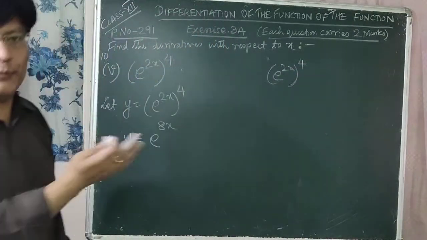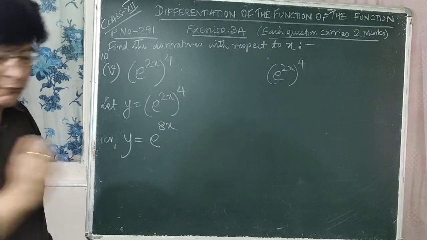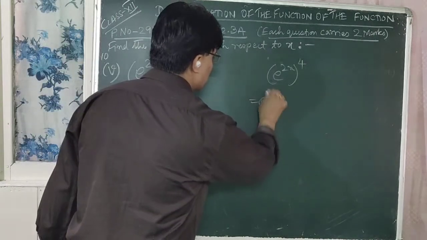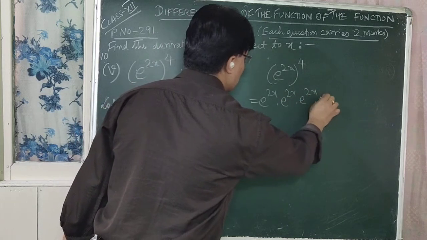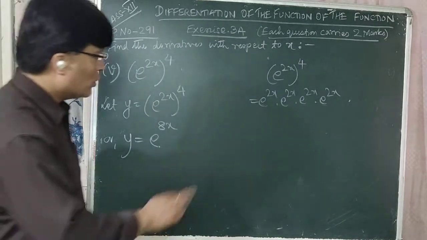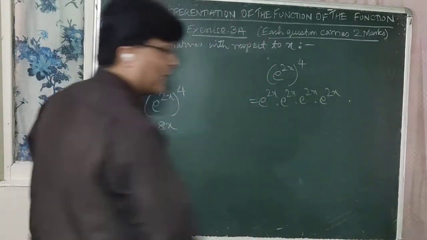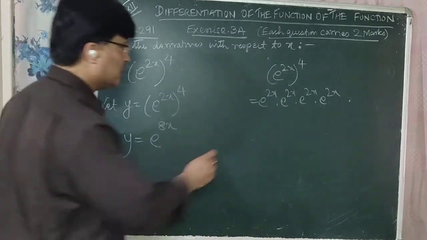Like if we have (e to the power 2x) whole to the power 4, whole to the power 4 means e to the power 2x is multiplied how many times? 4 times, isn't it? So it's equal to e to the power 2x into e to the power 2x into e to the power 2x into e to the power 2x, right? So if all these terms are multiplied, what happens to the powers? Powers will be added, right?